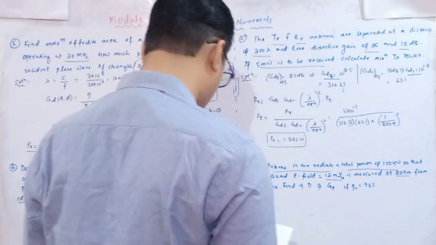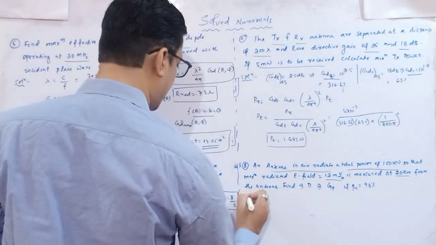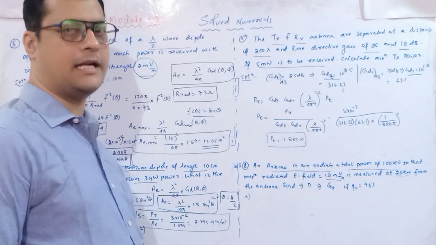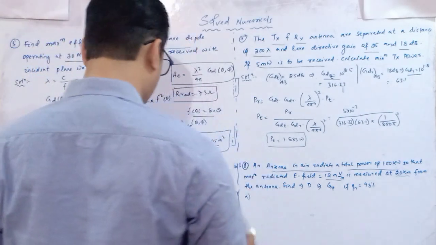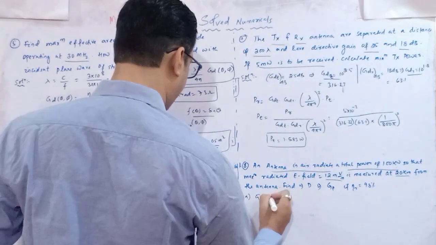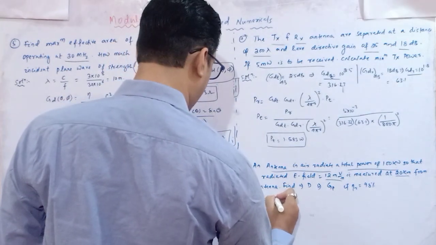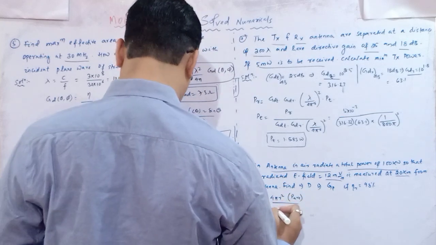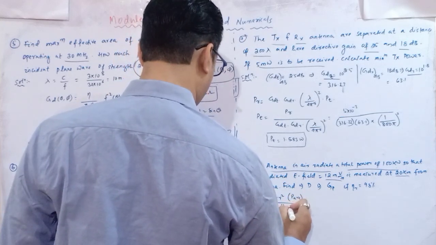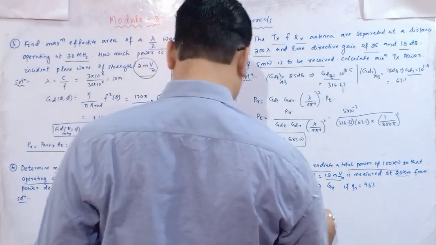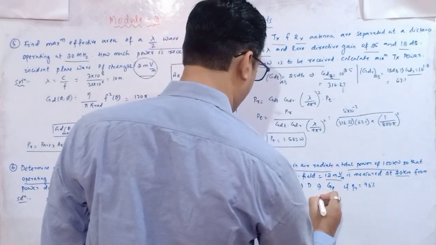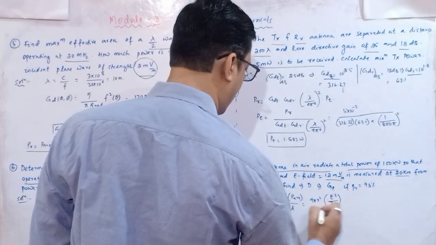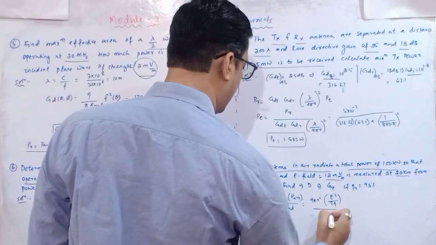First of all, we have to determine the directive gain or directivity. GD is 4 pi r square into average power divided by P rad. We can write this as 4 pi r square, average power is E square divided by 2 eta, divided by the radiated power.